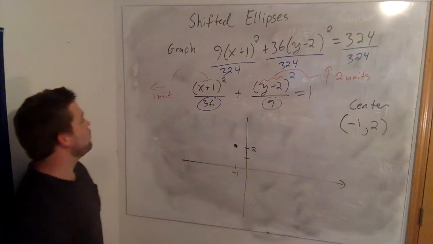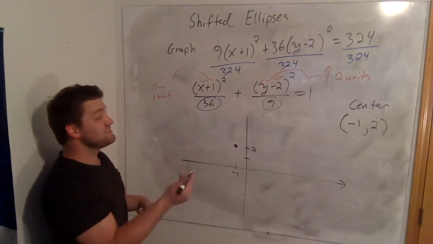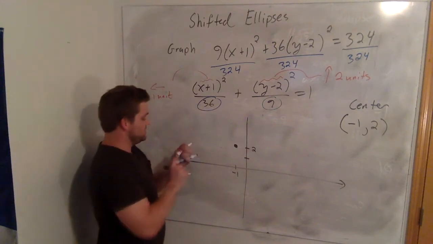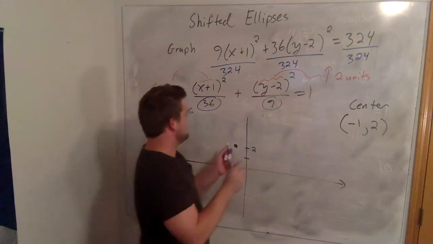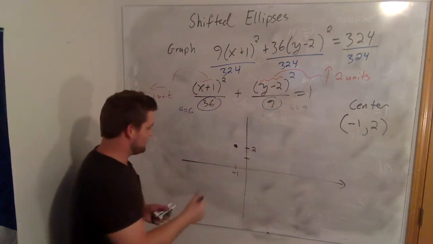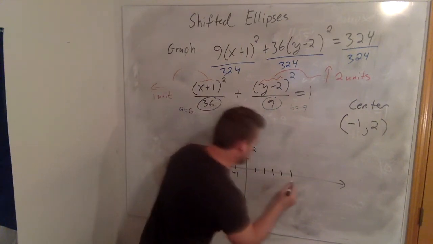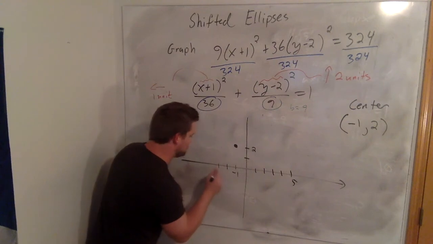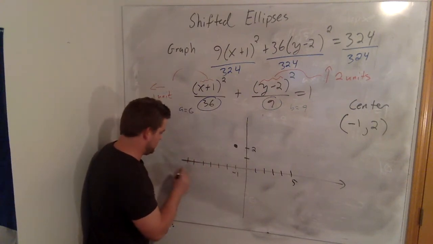Okay, it's stretched more in the x direction, so I need to go in the x direction from the center 6 units. Remember our a is 6, and our b is 3. So we'll need to go 6 units: 1, 2, 3, 4, 5, 6, so this will be 5. Going the other way, 1, 2, 3, 4, 5, 6, what will this be? -7.